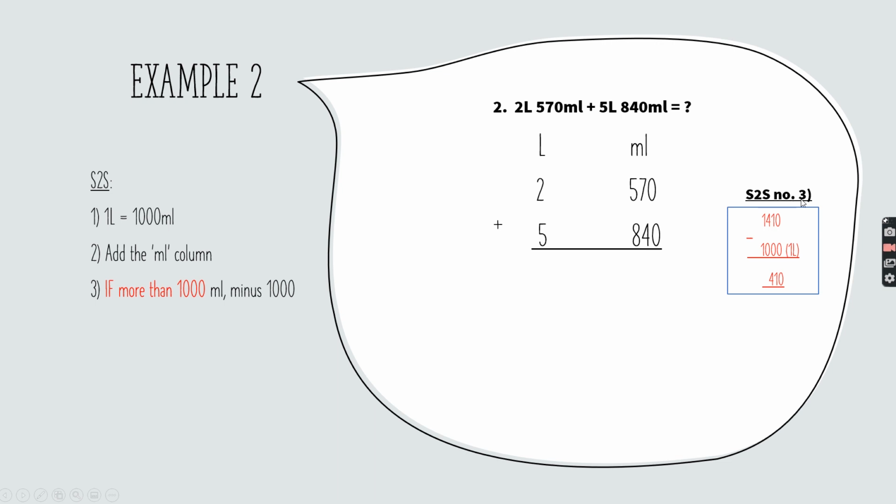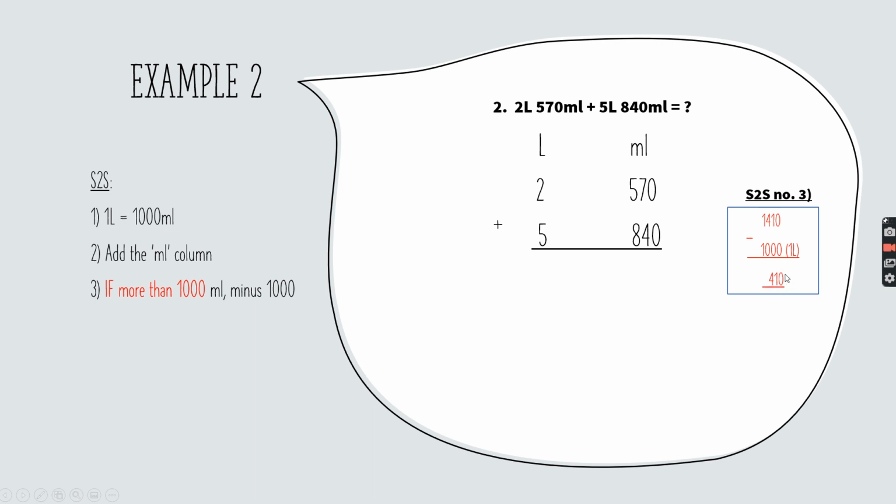This is step number 3. Number 3 says if more than 1000 milliliter, we need to minus 1000. So our answer just now, when we plus 570 plus 840 gives us 1410. We need to minus that with 1000, which is 1 liter. As we all know, 1 liter is 1000 milliliter.